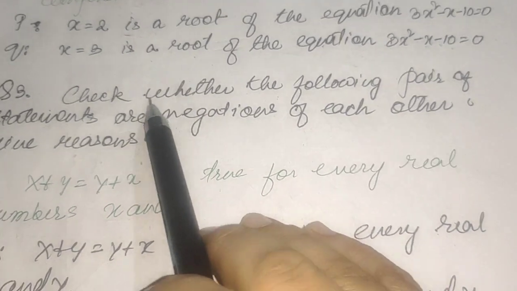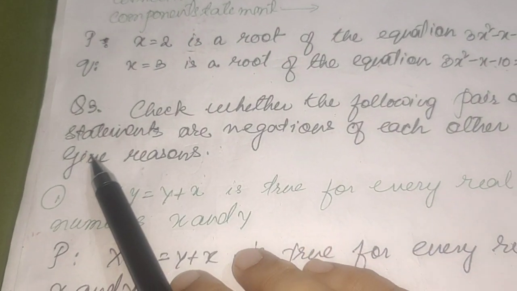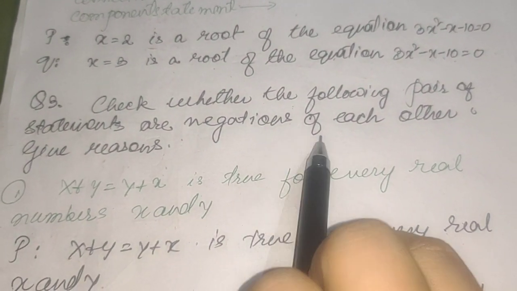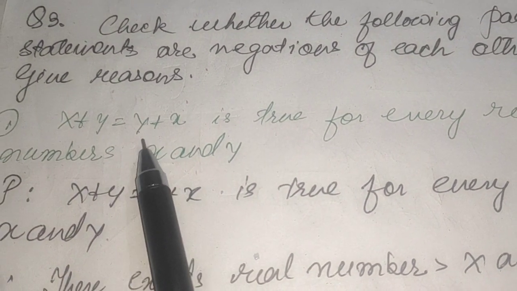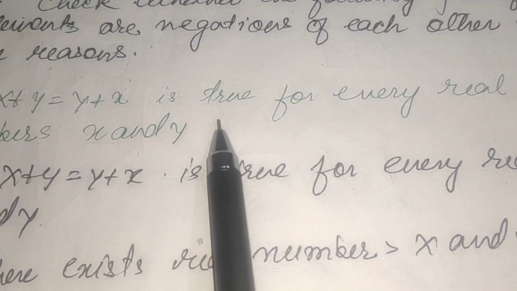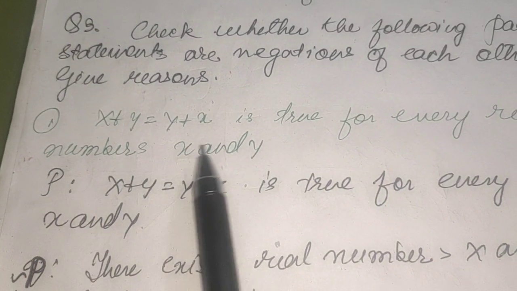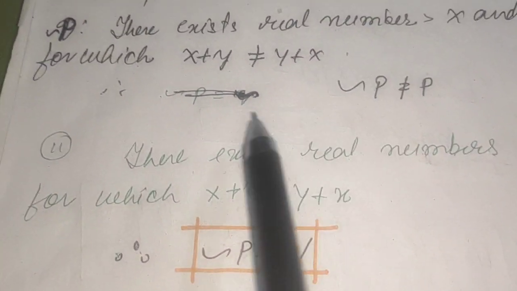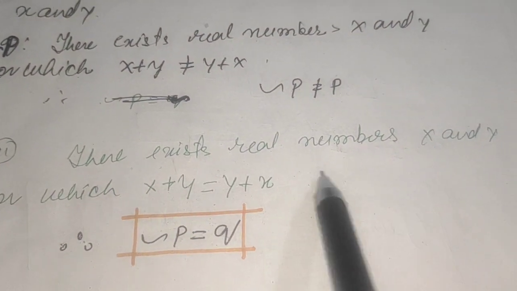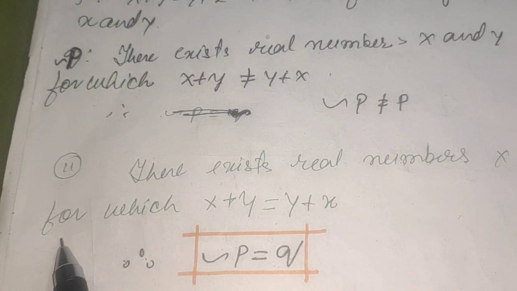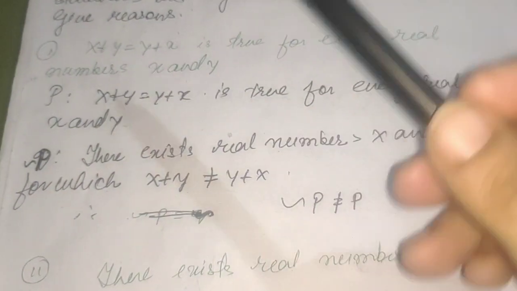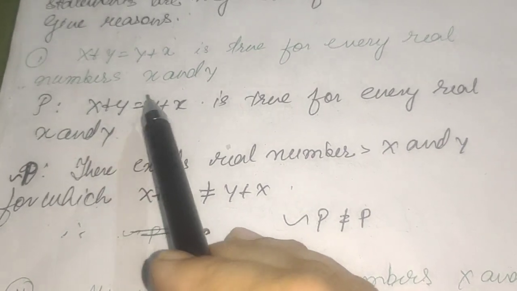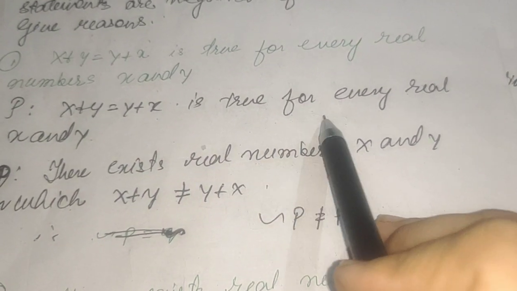Now question number 3. Check whether the following pair of statements are negation of each other or not. There are two statements. Number 1 is x plus y equals y plus x is true for every real number x, y, and statement 2 is there exist real numbers x and y for which x plus y equals y plus x. Now both the statements are same actually. So P is x plus y equals y plus x is true for every real number.